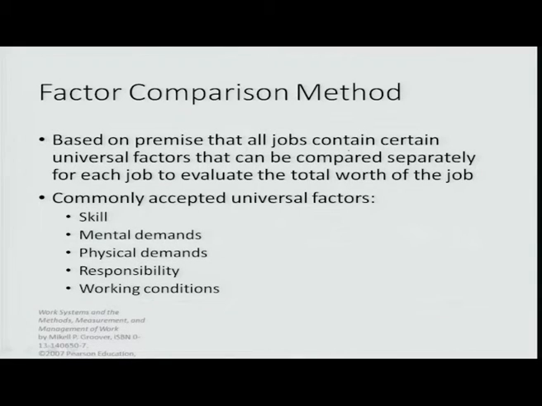And so now after the commonly accepted universal factors are described, we need to benchmark jobs, and benchmarking can be done on the basis of looking at overall what kind of jobs are available in what domain, and they can serve as reference points, and these benchmark jobs then can be used as a sort of ballpark value to rate all the jobs which are there hierarchically in an organization.